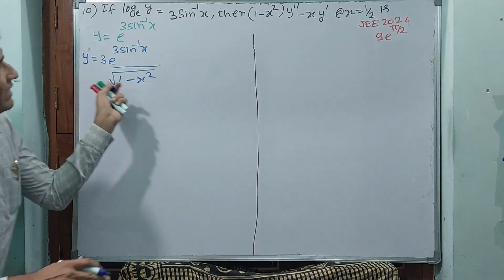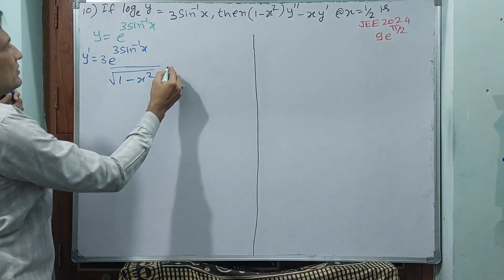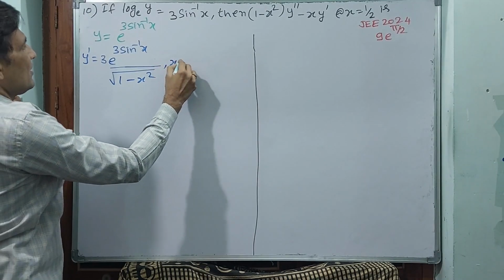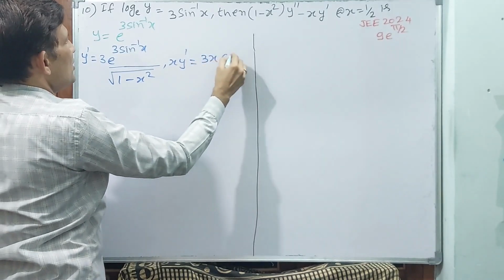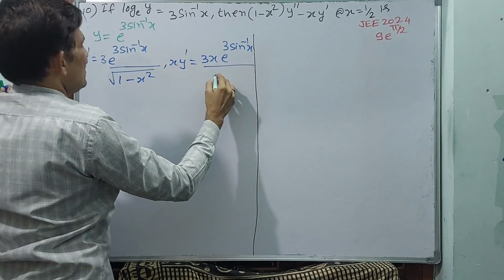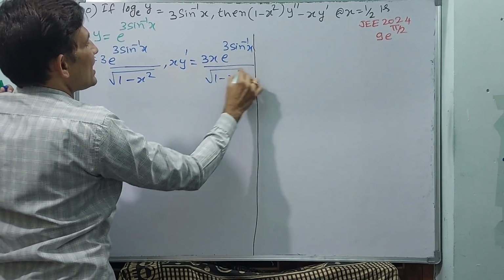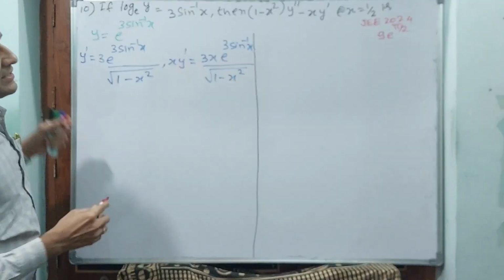Okay, shall I find x y dash at 1 by 2? x y dash is equal to 3x e power 3 sin inverse x by under root of 1 minus x square. Now I am finding at x is equal to 1 by 2.